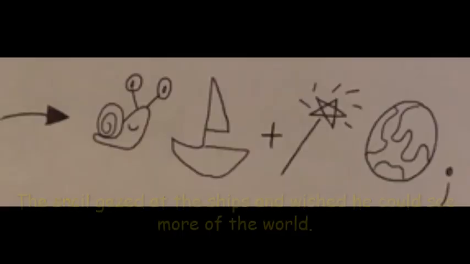The snail gazed at the ships and wished he could see more of the world. Let's try it one more time. The snail gazed at the ships and wished he could see more of the world. Have a go now with your adult.